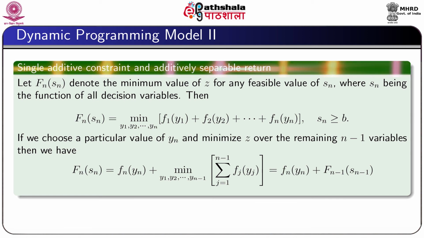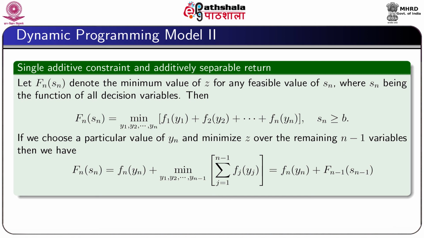Let Fn(Sn) denote the minimum value of z for any feasible value of Sn, where Sn is a function of all decision variables. Therefore, we can write Fn(Sn) equal to minimum of f1(y1) plus f2(y2) plus dot dot dot plus fn(yn), where the minimum is taken over y1, y2 up to yn.